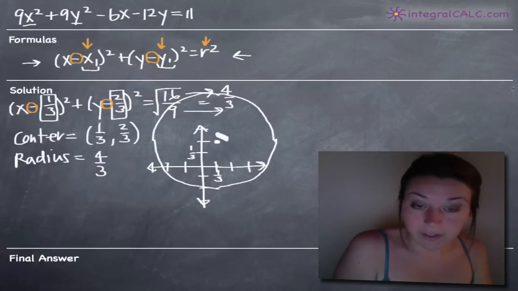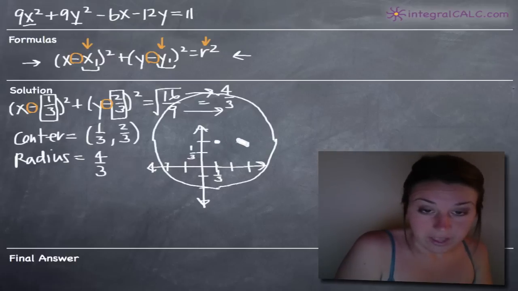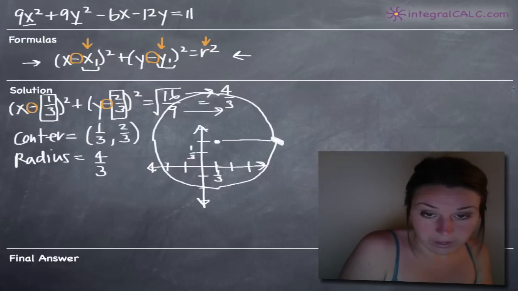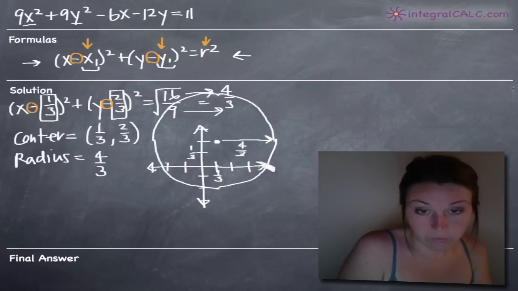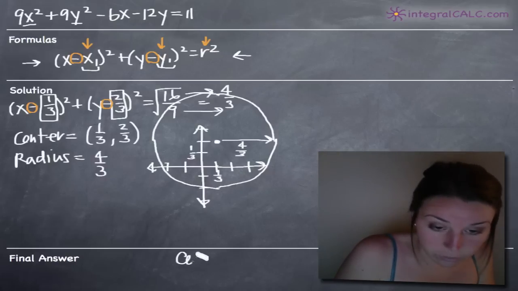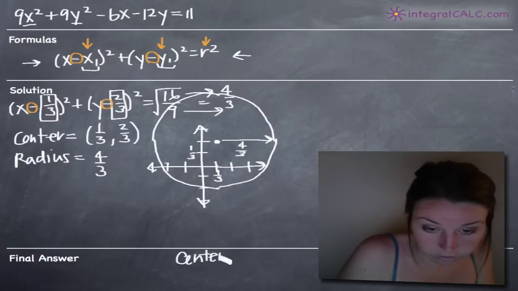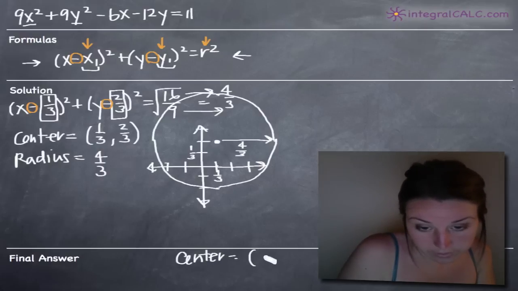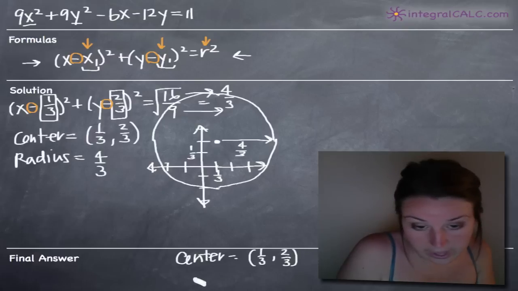We find the coordinates of our center, and then we move out a distance of the radius in every direction, and then draw a circle around the center. So you would draw the circle like that, and then on your test, draw the circle and say the center is at 1/3, 2/3, and the radius of this circle is 4/3.